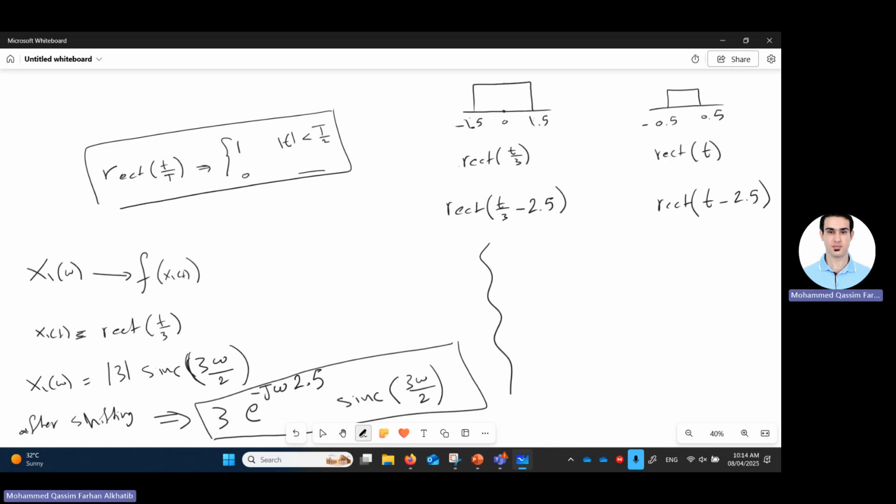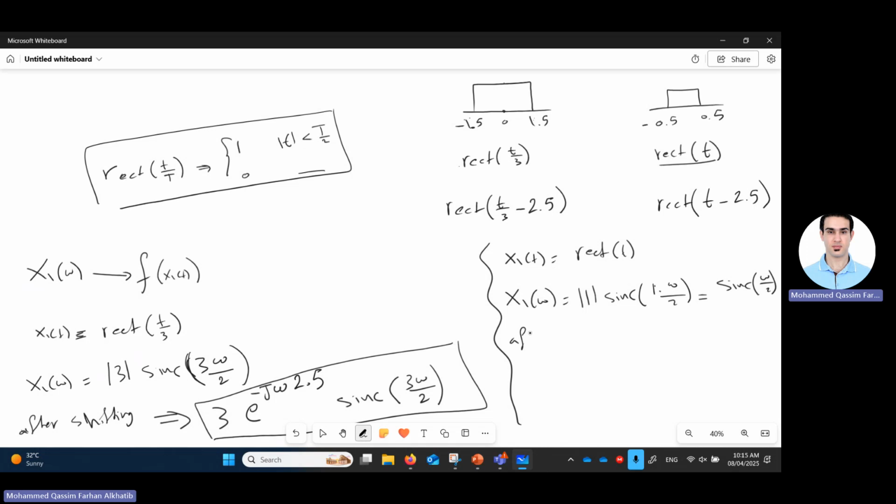Now, what about x2? So x2 of t, standard here, rect of t. That's before shifting. Let's do before shifting. Now, what is the value of uppercase T? It's 1. So in this case, X2 of omega will be what? 1 absolute value times sinc of 1 times omega over 2, which is sinc of omega over 2.